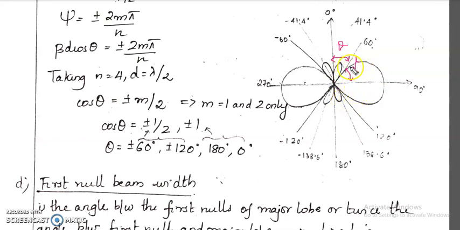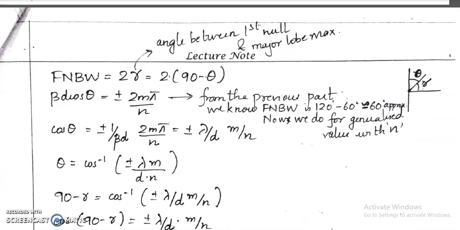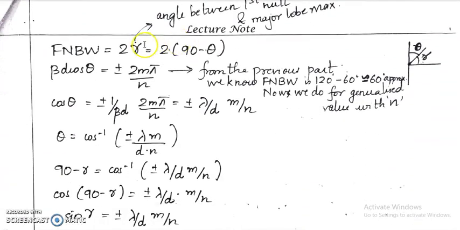What is the relation between gamma and theta? Theta plus gamma is equal to 90 degree. So the first null beam width is 2 gamma, and gamma can be represented in terms of theta as 2 into (90 minus theta), because theta plus gamma is 90, so gamma is equal to 90 minus theta.